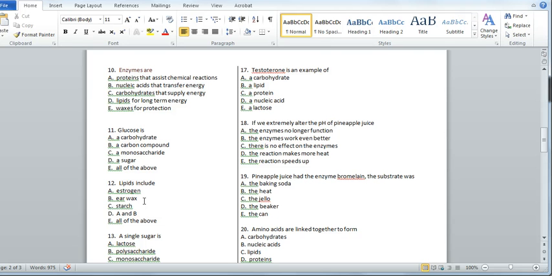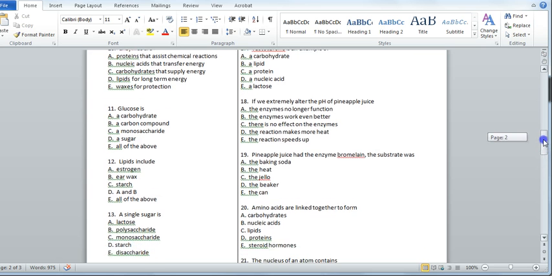So lipids include fats, waxes, and steroid hormones, estrogen and testosterone. Other hormones are considered proteins, but estrogen and testosterone are considered lipids. Earwax and the wax on apples and cucumbers are lipids, as are fats and butter and all the other oils.